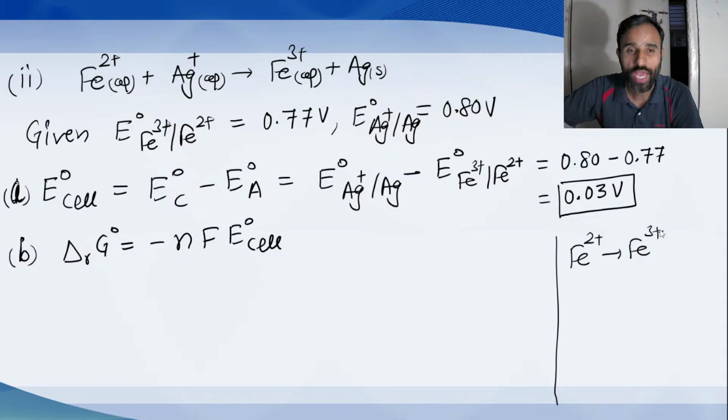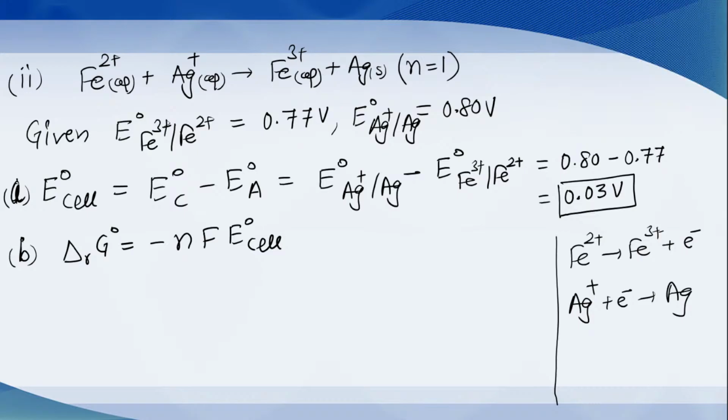Only one. Ag plus to Ag, again one electron. That means n in this case is equal to 1.